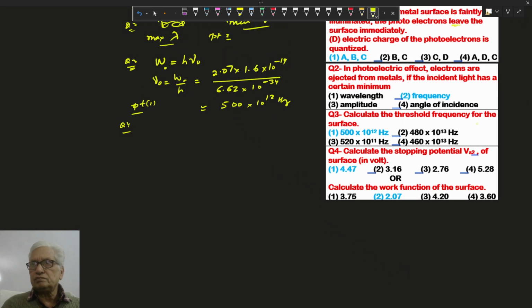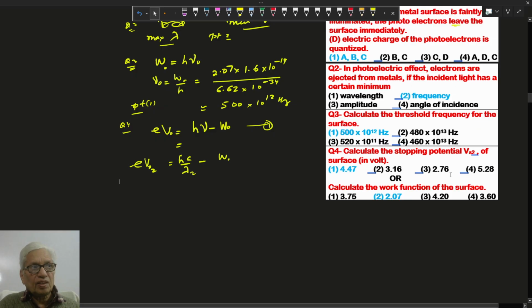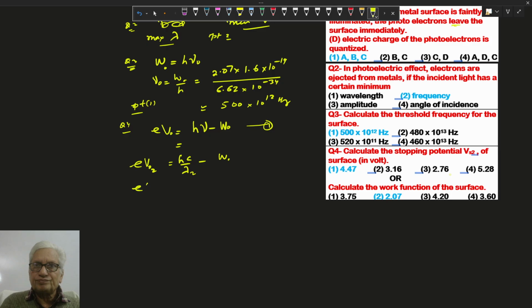Calculate the stopping potential. Here the stopping potential is given by h nu minus work function, or h nu naught. Similarly, eV naught 1 is equal to hc by lambda 1 minus work function.